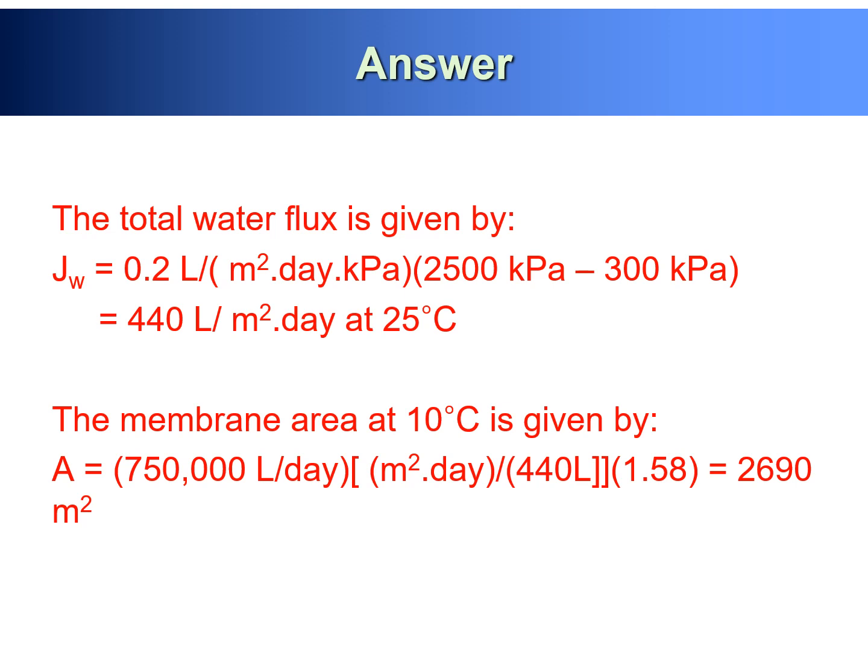So you will get 2690 square meters. So based on this water flux, we can calculate how much water capacity you have to design, and then we can select your membrane element, and then we can calculate how much membrane area is required, and then we can easily purchase the membranes and install them to produce your total amount of water.